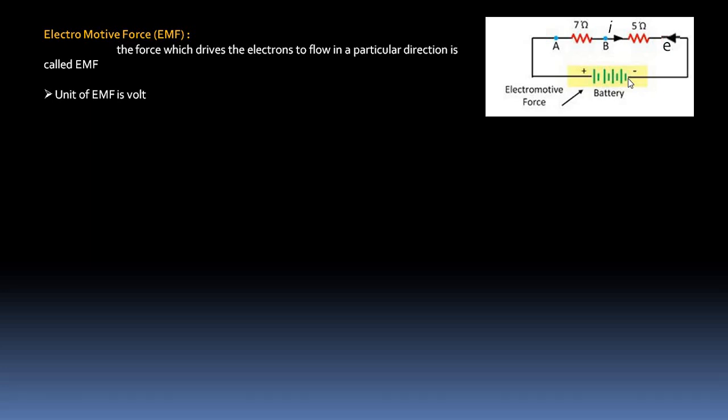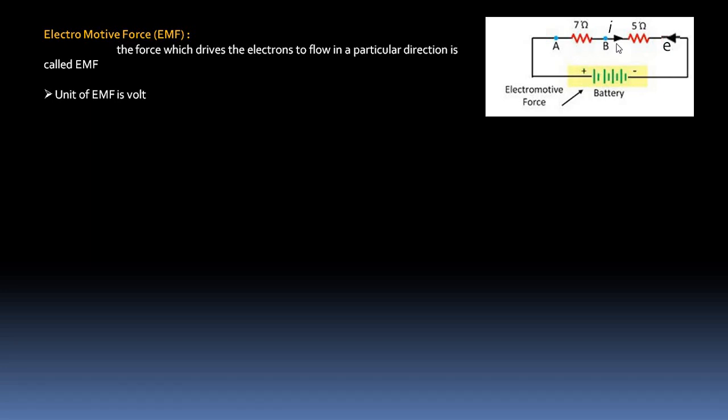The negative terminal repels the electrons and the positive terminal attracts the electrons. So electron transfer takes place from the negative terminal to the positive terminal because of this EMF.